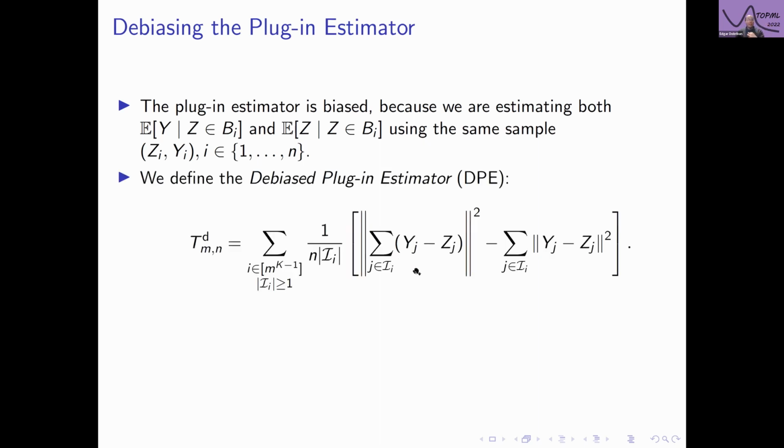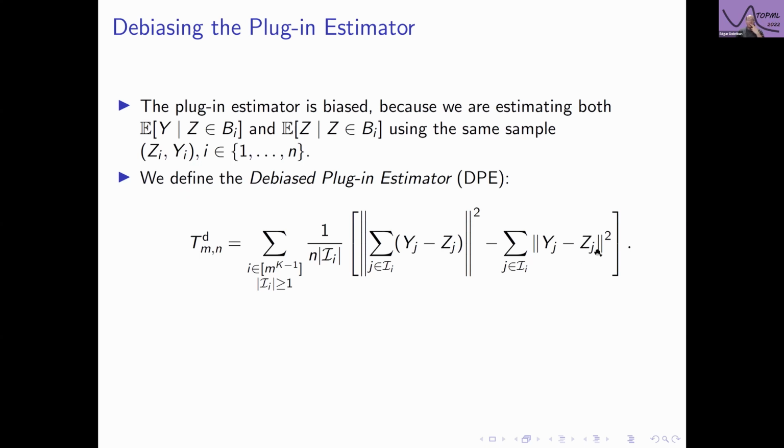So what in the end we came up with is this correction, which takes the original plugin estimator and subtracts from it a variance term, which is somehow the main contributor to the bias.